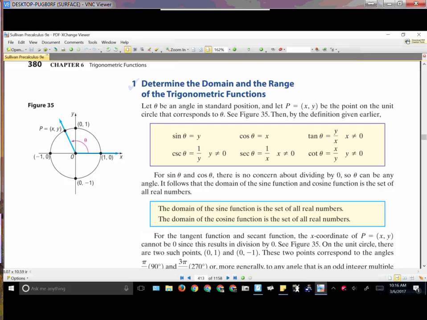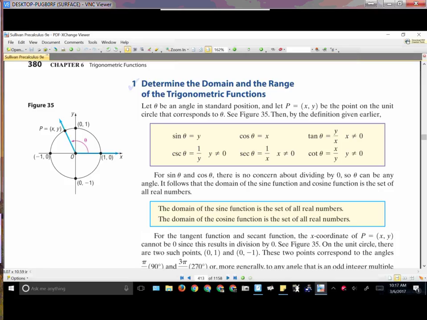Now, when you take a look at the domain of the sine and the cosine, I can put any number in that I want. Doesn't matter. I will get something back out again. Obviously, when we take a look at tangent, because we've got it as y over x, we've got a big problem when either value x or y for tangent and cotangent is going to be 0.